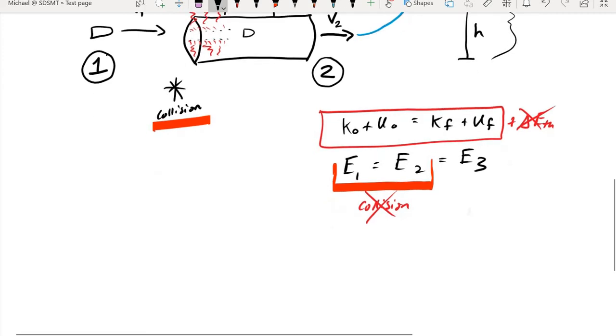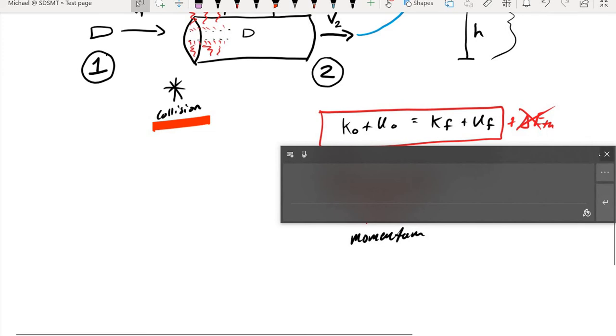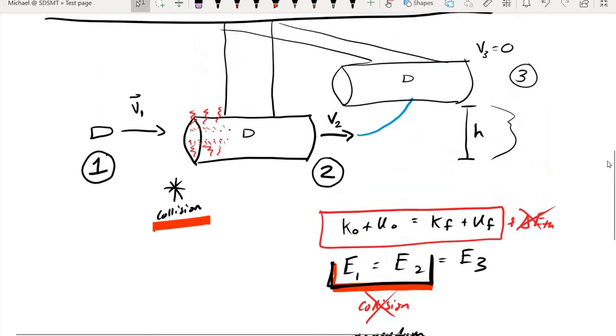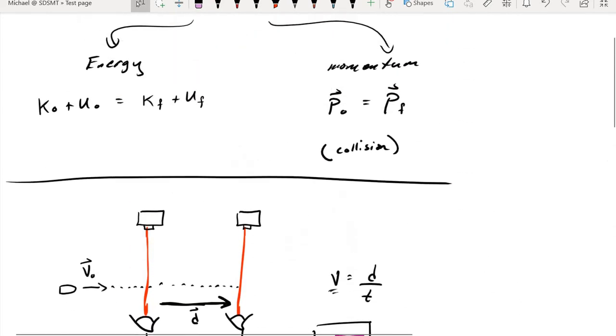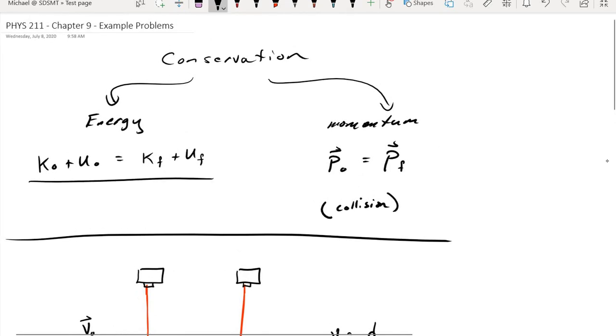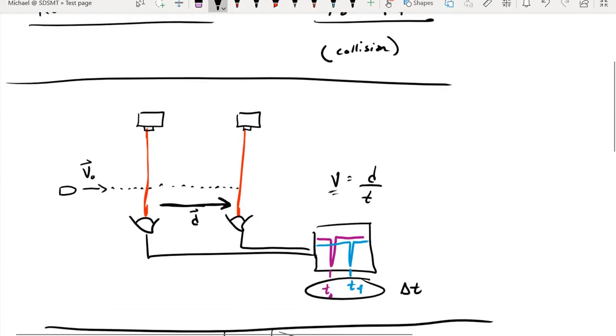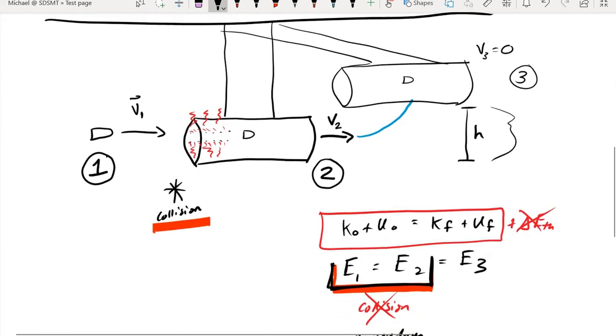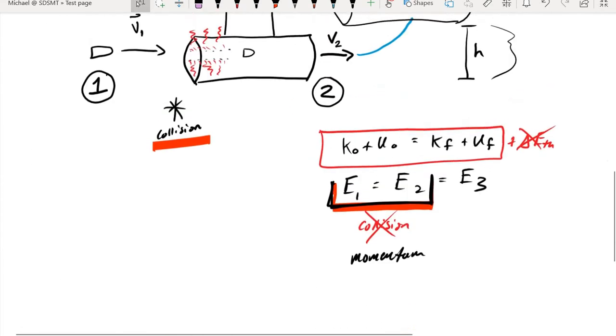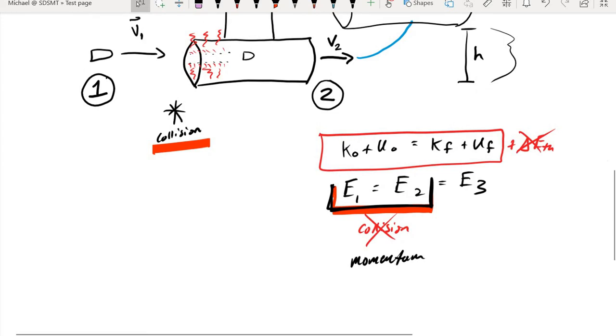Instead, could I use conservation of momentum between sites 1 and 2? And the answer is yes. We should be able to use either of these conservation laws. The question is which one is easier for us to use in a given situation.